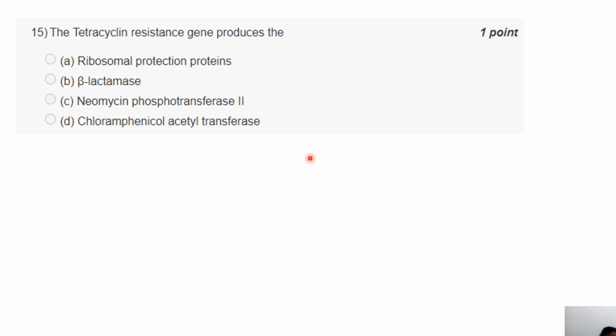The mechanism of action for all ribosomal protection proteins may be similar, as the amino acid sequences of the ribosomal protection proteins encoded by the other classes are at least 40% similar to tet(M). So, coming back to the question that we started with, the tetracycline resistance gene produces the ribosomal protection proteins. That is the correct answer.